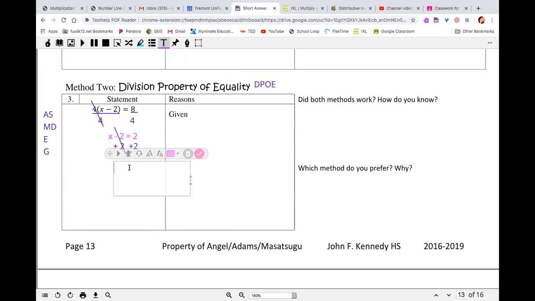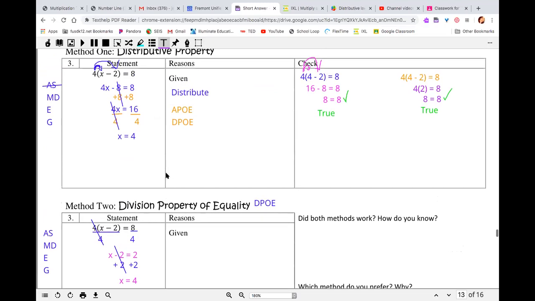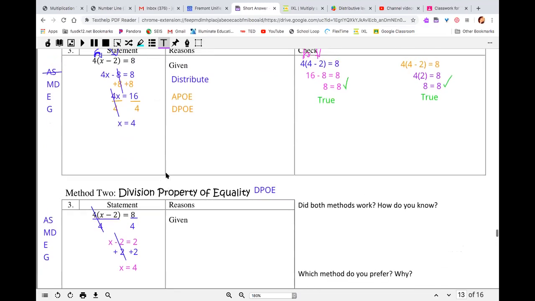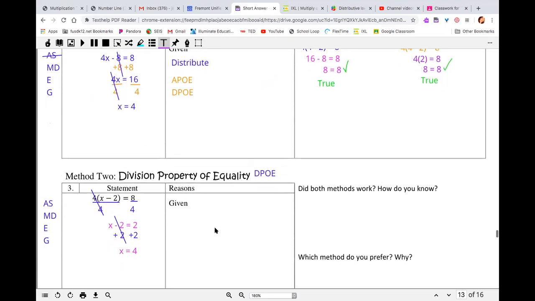So now x is equal to 4. Did we get the same answer? Because this is the same problem, we just solved it another way. Did we still have x is equal to 4 on both of them? Yes. Okay.